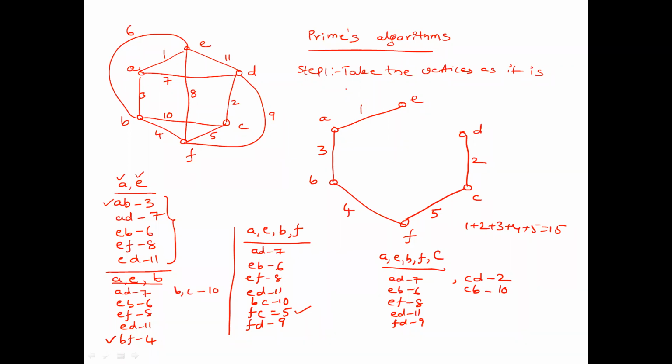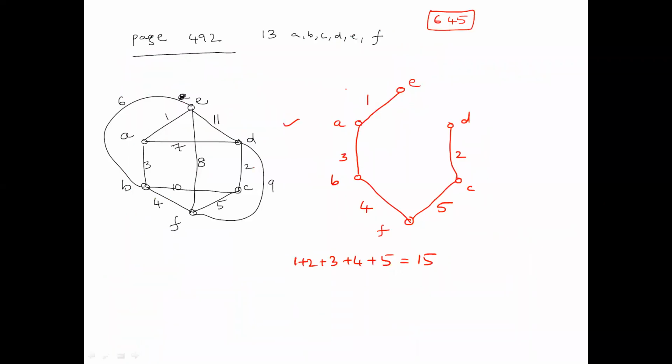Now, Kruskal's, tell me what is the first edge we added, if you can recollect. The minimum edge. That is 1, right? Next minimum edge, what we added? We added 2. DC. See, AE is here and DC is here.